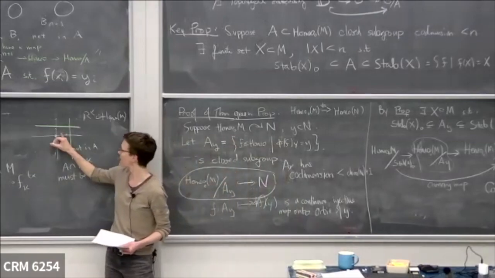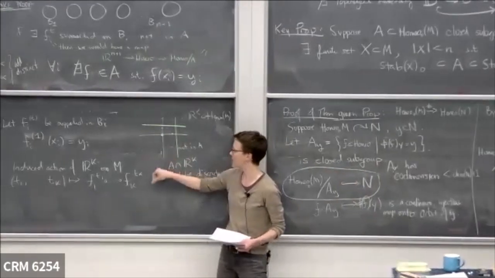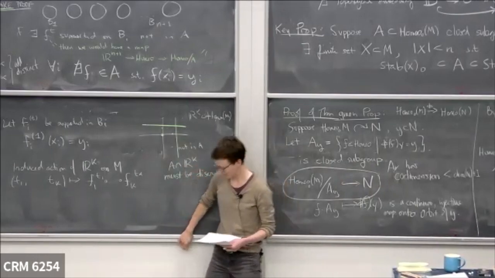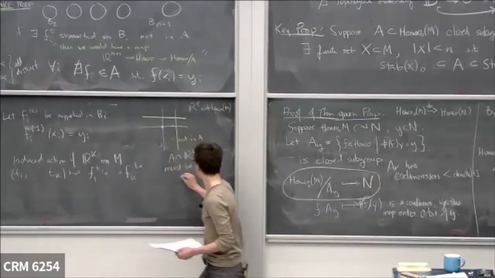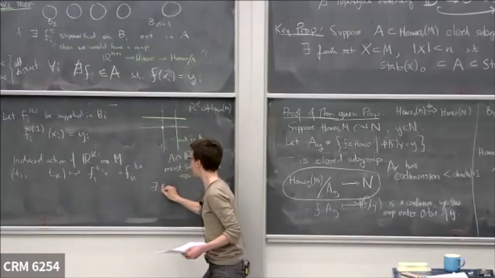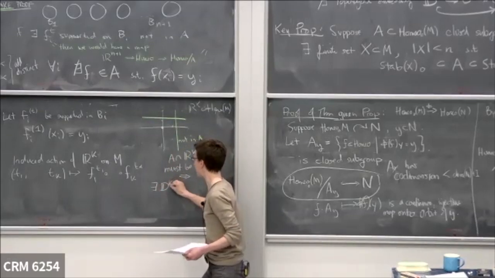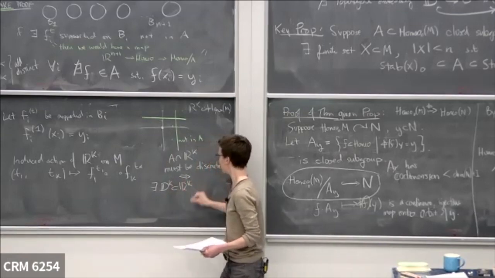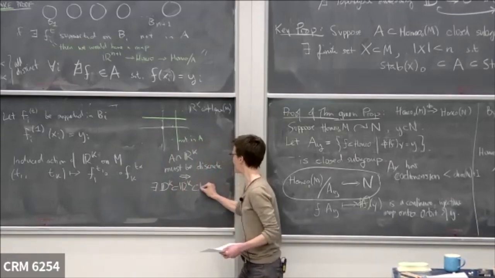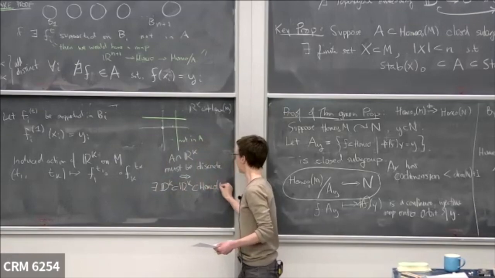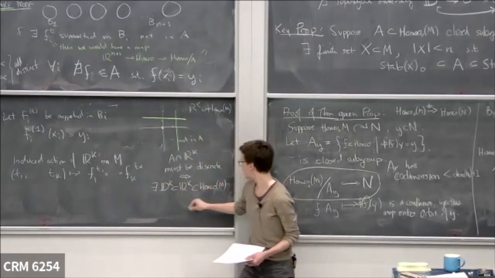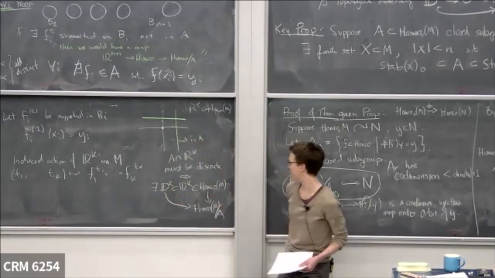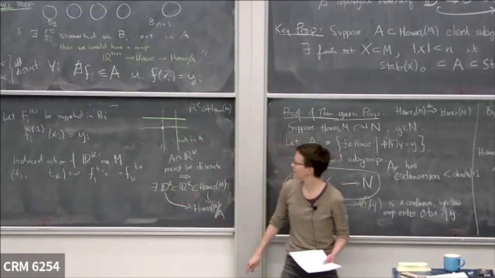That says that there's some disk, not a subgroup, but a topological subset inside of R^k, which sits inside of Homeo, that survives the quotient, the space of cosets of A.